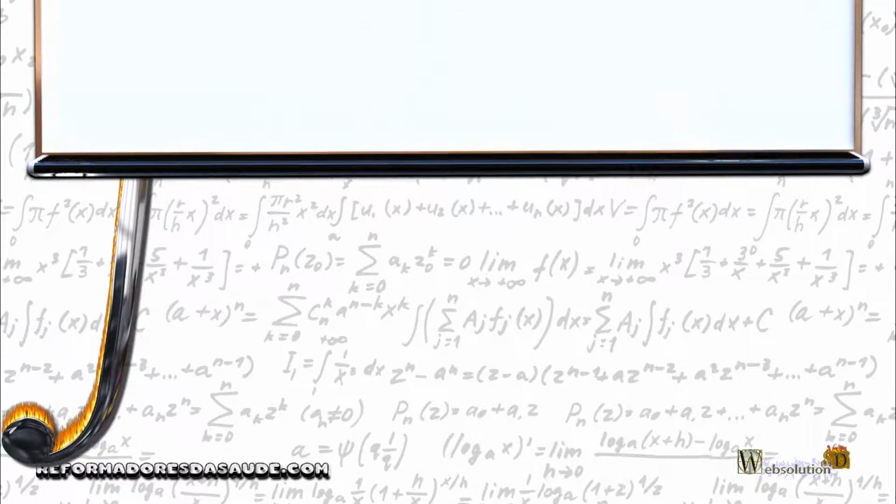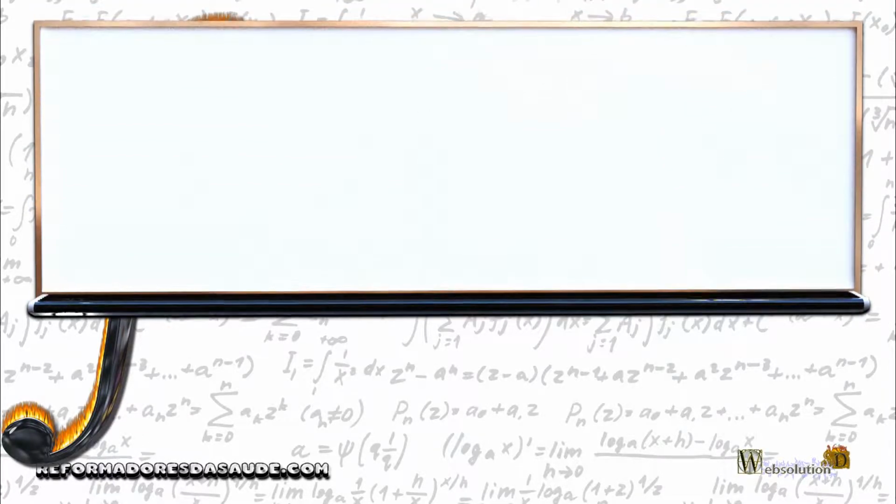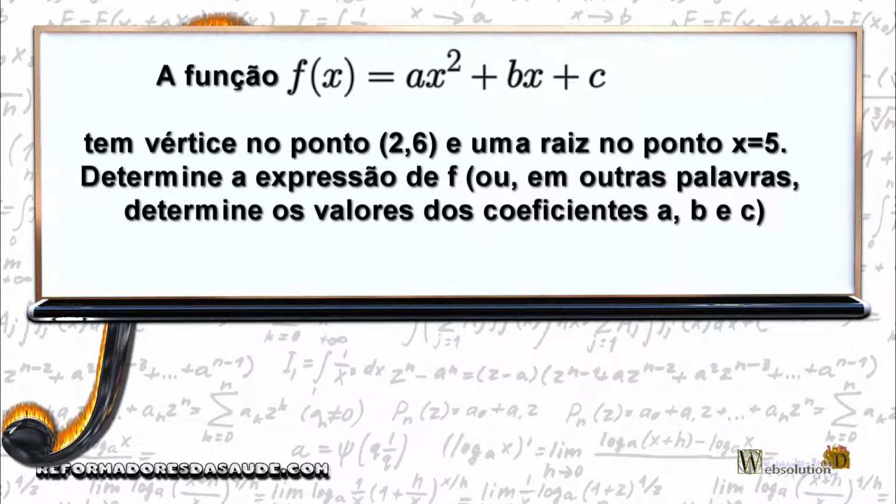The exercise we are going to solve today is this. The function f of x equals ax squared plus bx plus c has a vertex at the point (2, 6) and a root at the point x equal to 5.